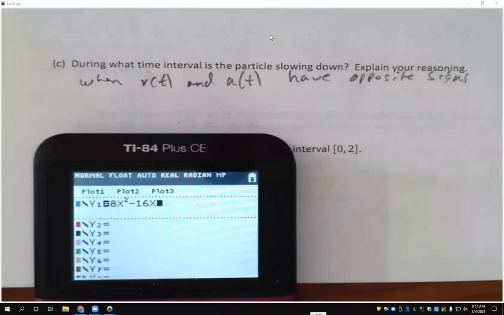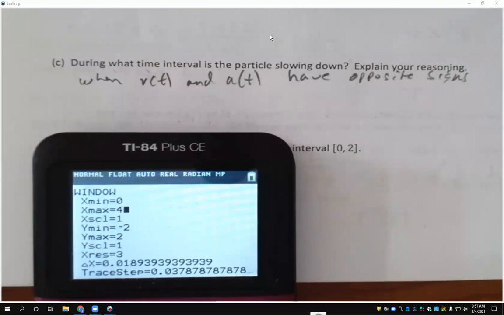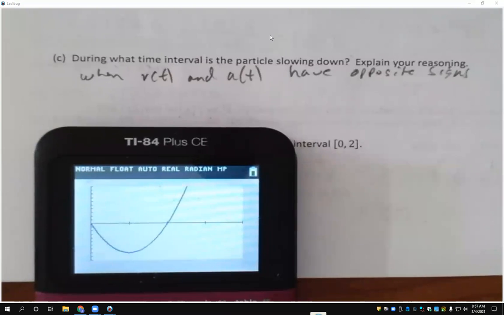I'm just looking at that function, and I only want to look at it from 0 to 4. So I'm going to change this to be from 0 to 4. Probably change my y's to go a little bigger, but I don't know if that matters. All right, so there's that function right there.